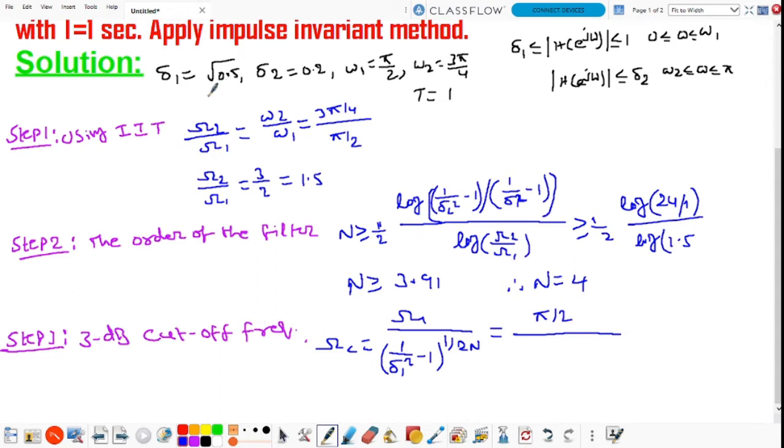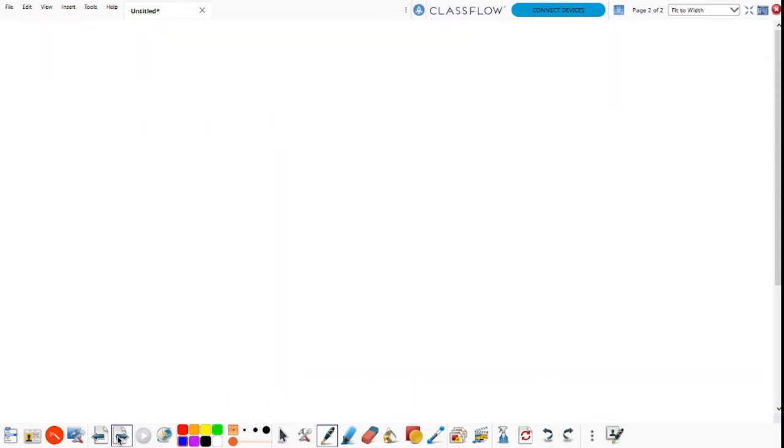So 1 by square root of 0.5 whole square, the square root is cancelled. 1 by 0.5 is 2, 2 minus 1 is 1, to the power of 1 by, now here the order of the filter capital N is equal to 4, 2N is 8. So 1 to the power of 1 by 8 is 1. Therefore pi by 2. The 3 dB cutoff frequency omega c is equal to pi by 2.